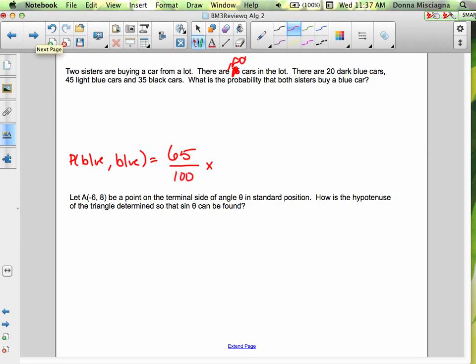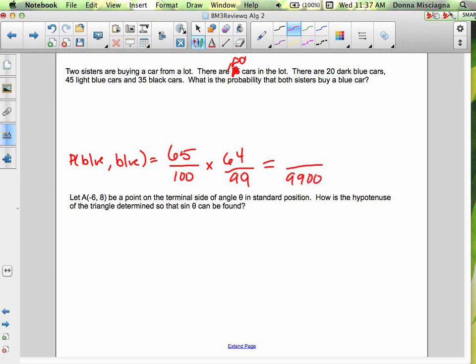Once the one sister picks a car, both can't have the same car. There's only 64 blue cars left, and 99 cars overall. So don't forget that if you're not replacing, to reduce the number. All right, and then I just have to multiply those together. And they would reduce.